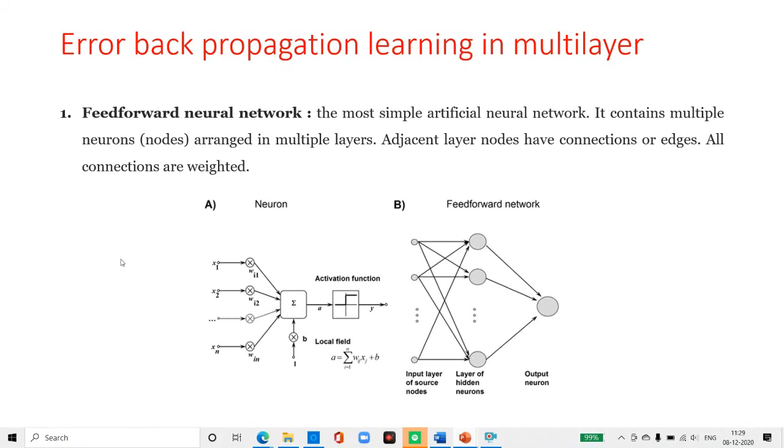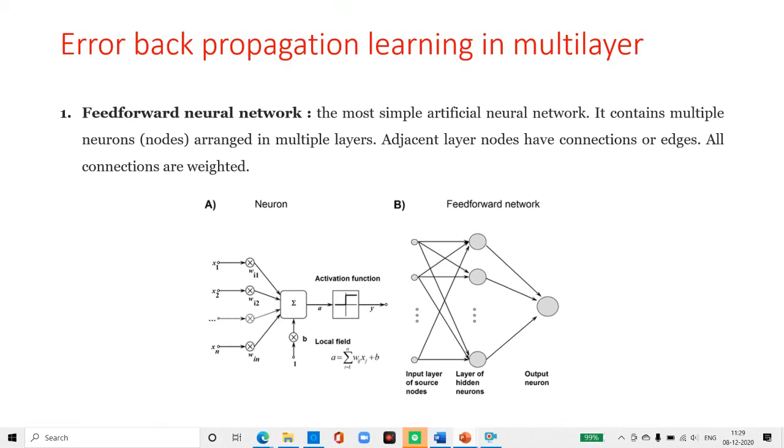So the next point is the feed forward neural network. Here in error back propagation, we are using the multi-layer feed forward neural network. Using the multi-layer and feed forward neural network, we can discuss the error back propagation.